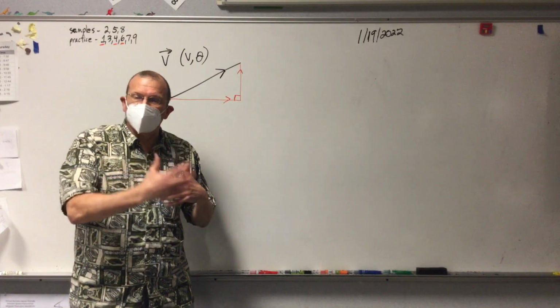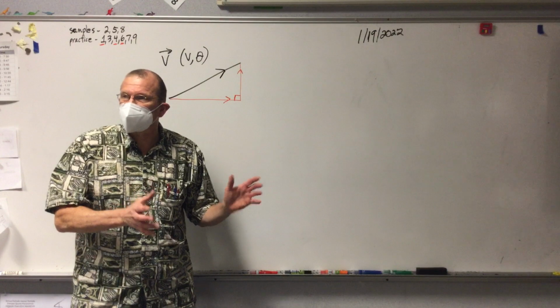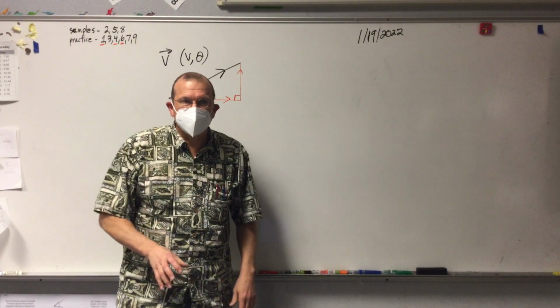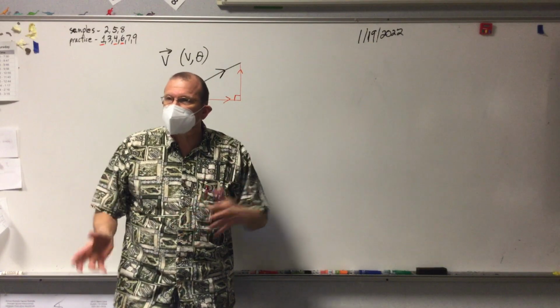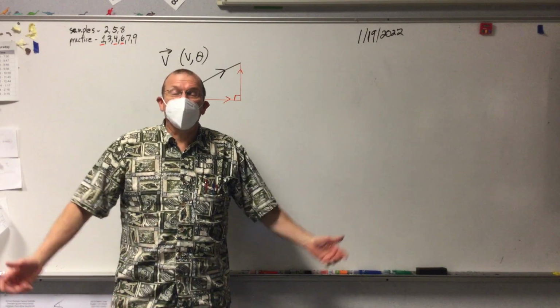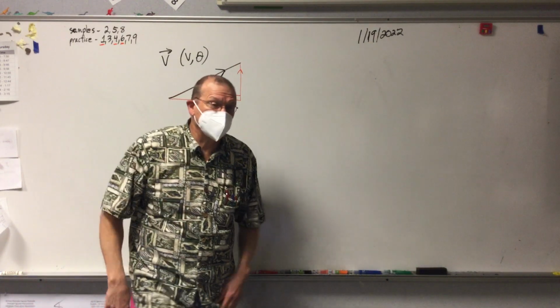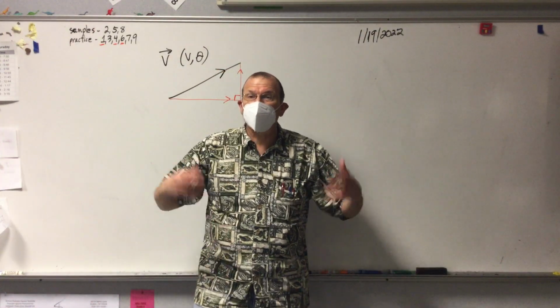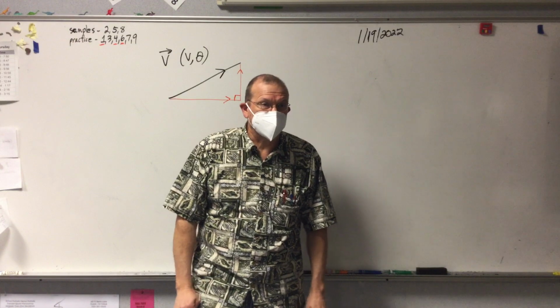Once you break that vector into those pieces that are perpendicular to each other, you can isolate each dimension, and that's where you can do the addition and subtraction. Then, unfortunately, if you're adding multiple vectors, you have to bring all those pieces back together to get the overall effect of the vector.